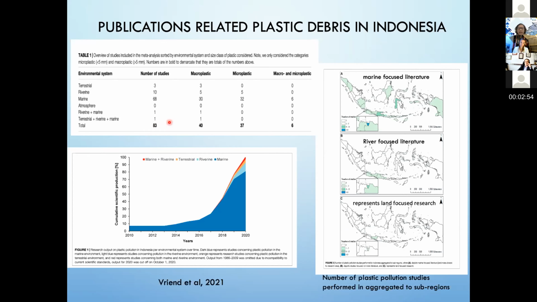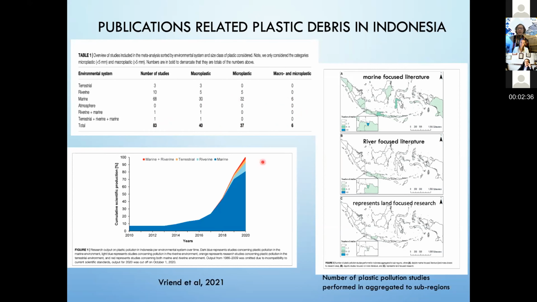And for the microplastic, we have about 40 as well. But for macro and microplastic together, it is very limited, and some of them are in marine, but in rivers we have very limited information about that.